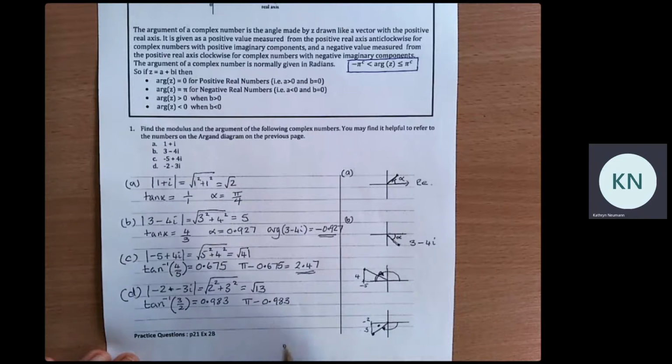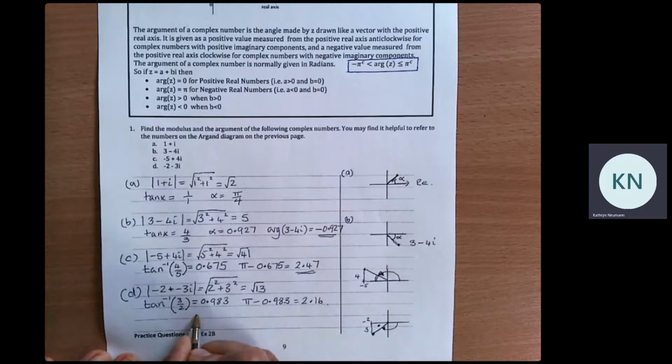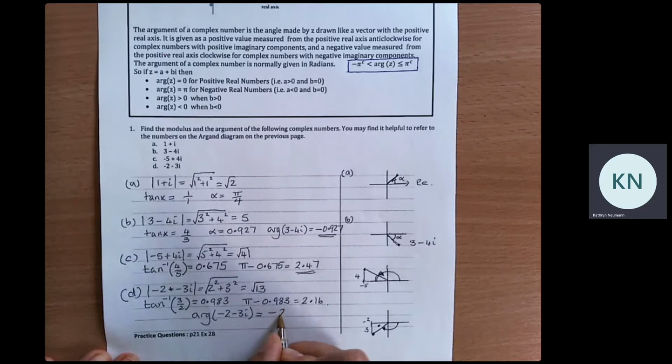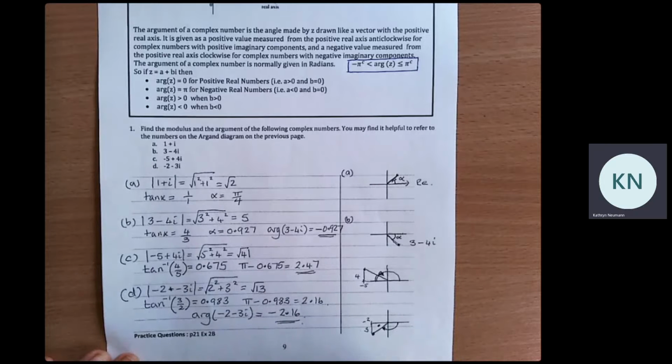And that gives me 2.16. But the overall argument is negative. So the argument of minus 2 minus 3i is equal to minus 2.16. And that's the argument of that vector.